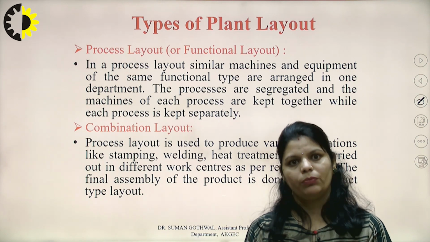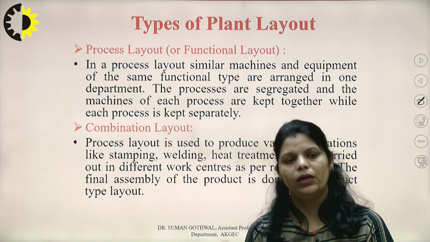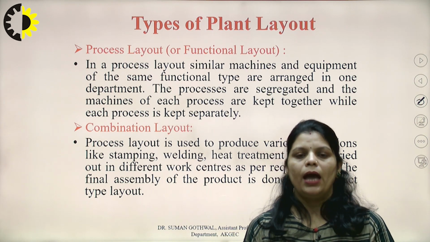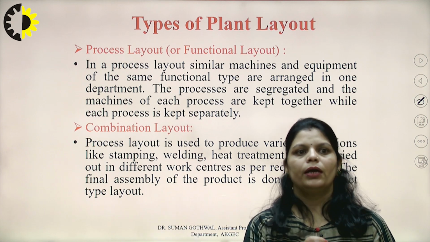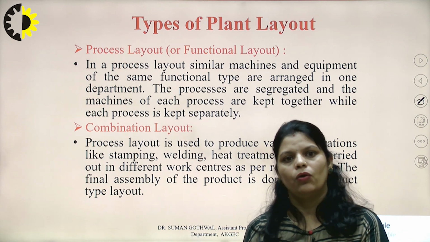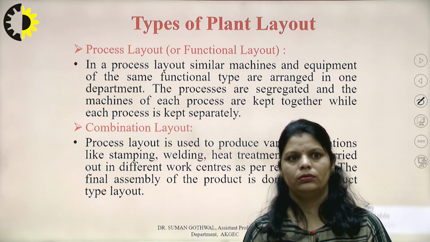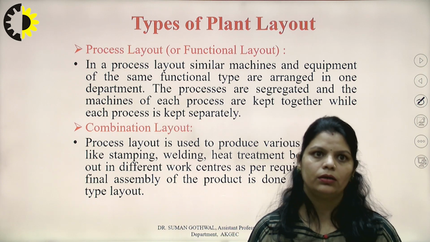And because the machines are arranged in a straight line, if a single machine breaks down, it will shut down the whole production line. Clear? So these are the disadvantages of the product layout.